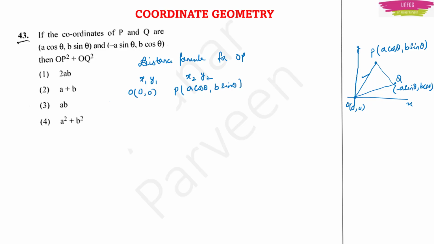Correct? Now you can easily apply the distance formula, which is OP square is equal to x1 minus x2 whole square plus y1 minus y2 whole square.